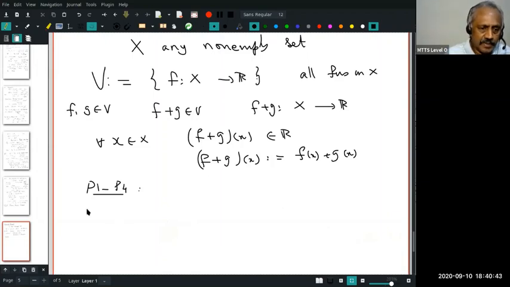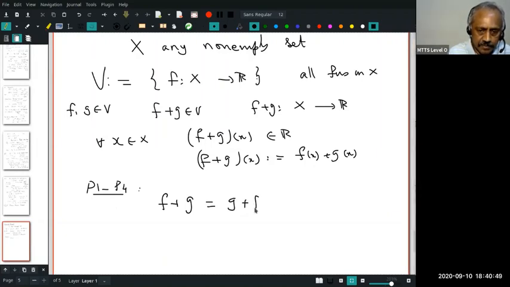What is P1? Given f and g in V, I have to check whether f plus g is the same as g plus f. First, when do I say two functions phi and psi are equal? We had already done it.